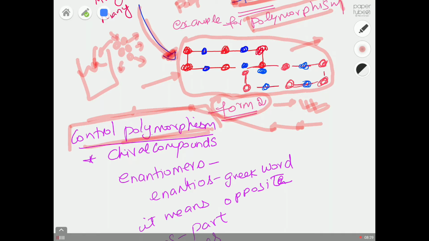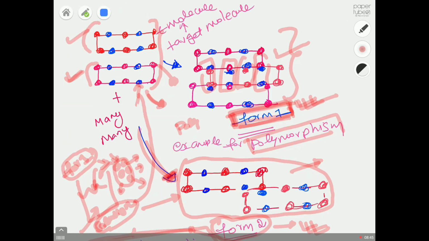If we add form 1 to a solution made up of this molecule that contains two atoms, we will grow only form 1 crystals.